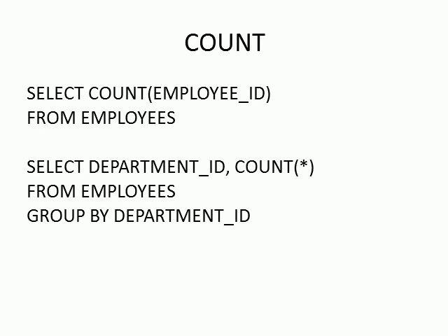Here is an example of the COUNT aggregate function. In the first example, we are counting all the rows of the employee ID column. In the second example, we are counting all the rows of all the columns, and we are grouping all the rows according to department ID.